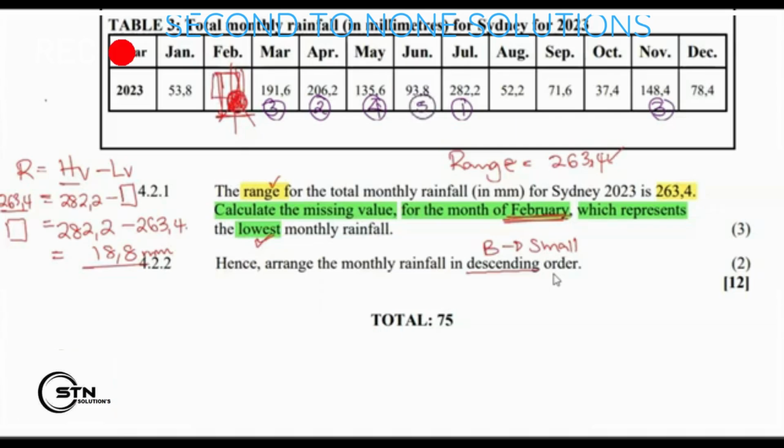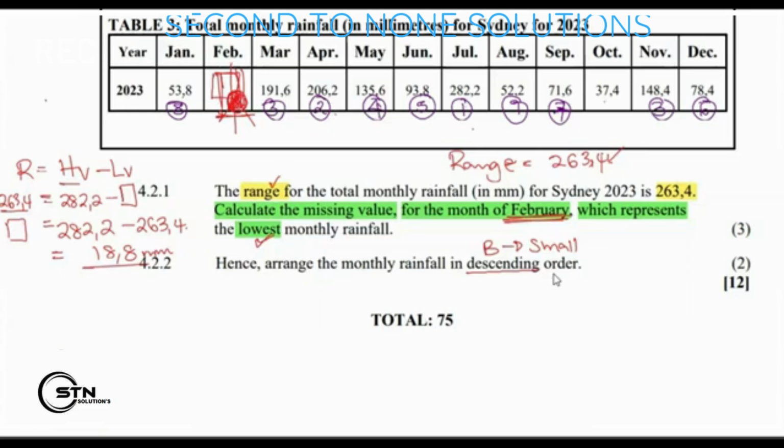Here we have 78. 78 becomes a 6. A 71 becomes a 7. 53.8, 52.2, so this becomes 8. 7, 8, and 9 is this one here. Then at 10, wait, let me see.